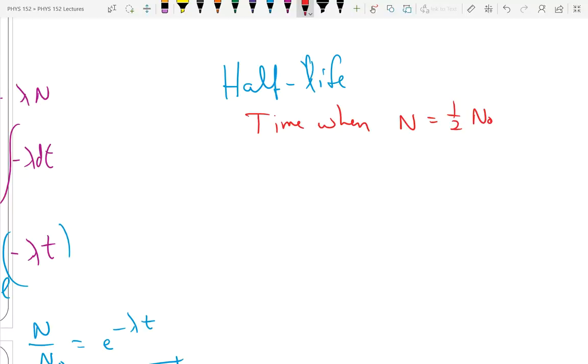So we measure the half-life, the time when half of them have decayed. And so we can just take our equation, 1/2 N0, that's our N, is equal to N0 e to the minus lambda t 1/2, and solve this for the half-life, the time that it takes for half of them to survive.